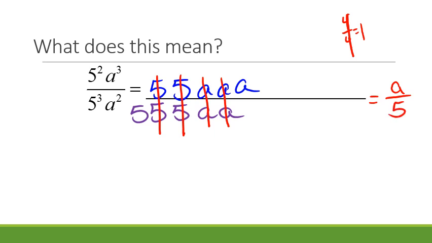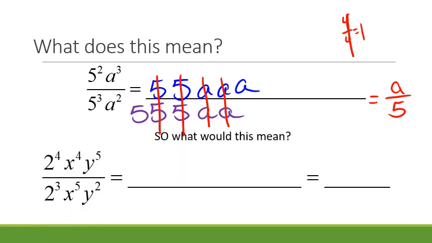Again, you're welcome to expand and do this process. That can get a little bit cumbersome. Let's try one more and see what happens. In this case, I would have 4 2's on top. I would have 4 x's on top. I would have 5 y's on top. See how long this can get?